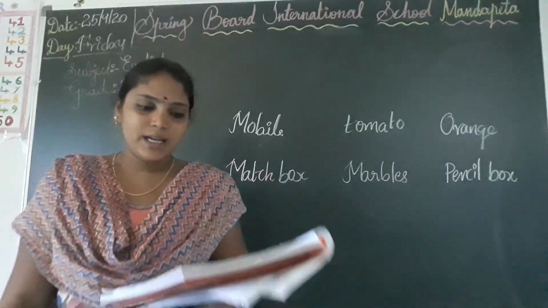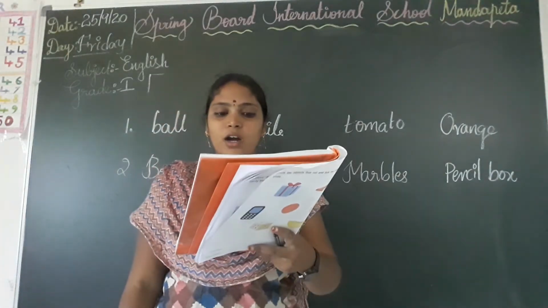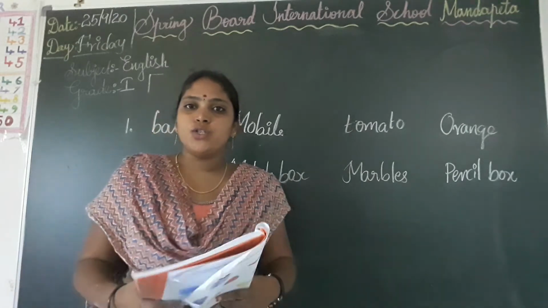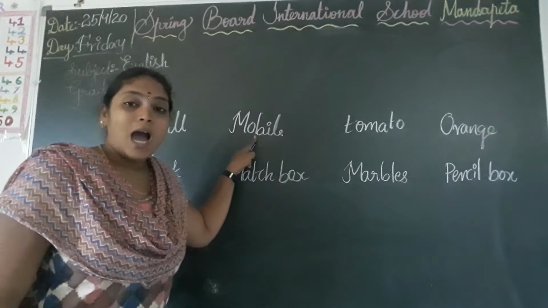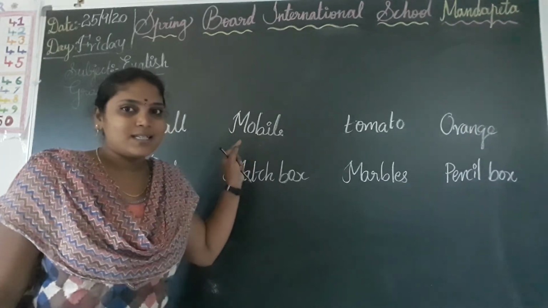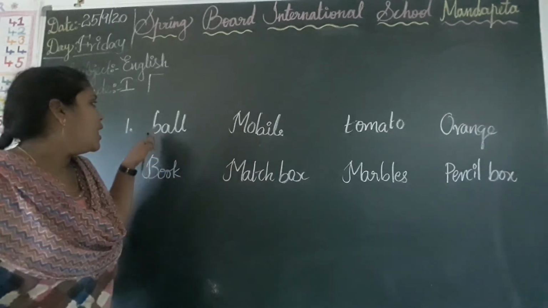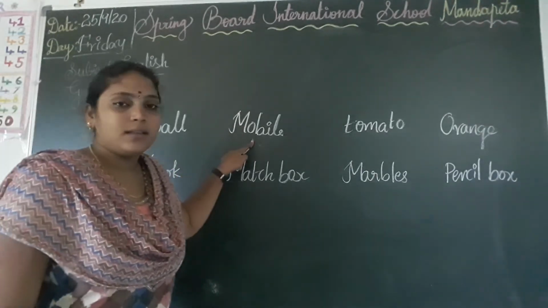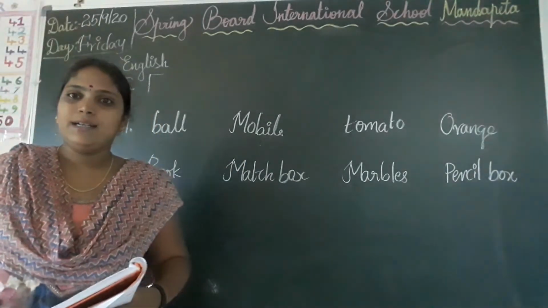Okay children, the next one, it's question time. Circle the odd one in each line based on its shape. So here the ball is a circular shape and the mobile has a flat surface. Okay children, let us check.